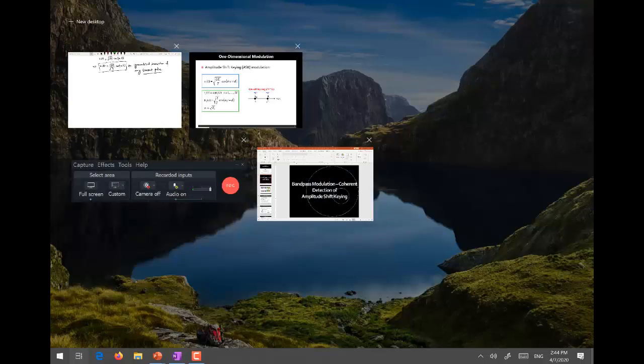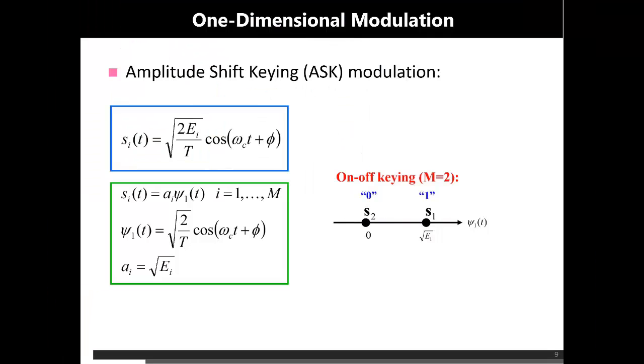Now, having gained the concept of this Si of t formation, we discuss what is amplitude shift keying. Technically, amplitude shift keying is completely analogous to its counterpart, amplitude modulation, which is used in analog communication systems.